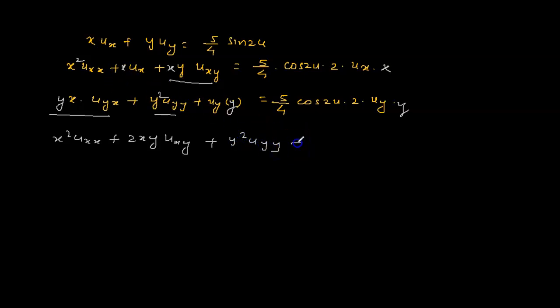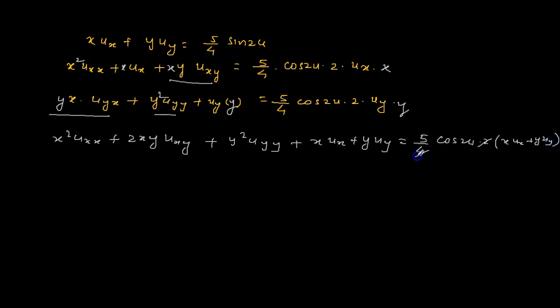This one is plus x into u of x plus y into u of y, is equal to the right hand side, that is 5 by 4 cos of 2u, and 2 is common here, into x into u of x plus y into u of y.